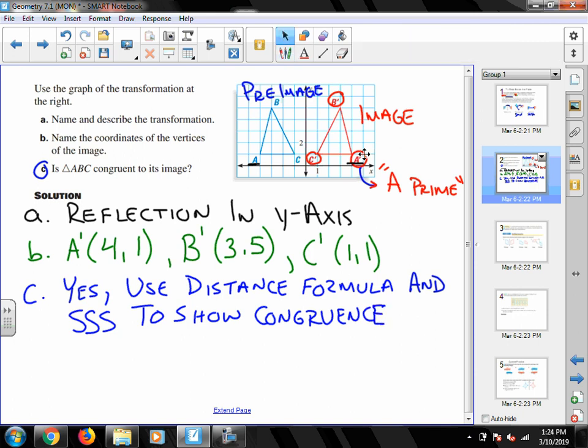So that SSS from chapter 4, talking about showing all 3 sides of a triangle are congruent to the same 3 sides of another triangle, means that they're going to be congruent. So a little flashback to chapter 4 there for you. So it ends up being congruent there.